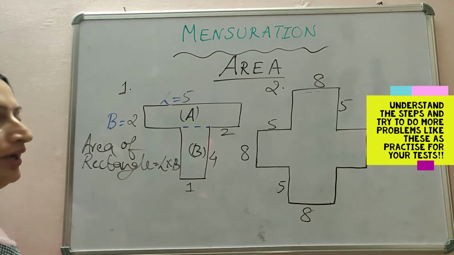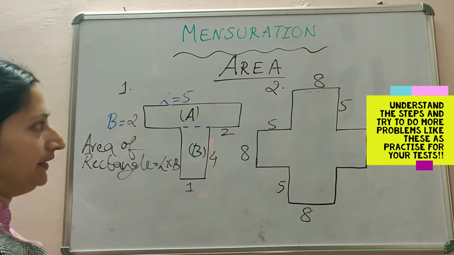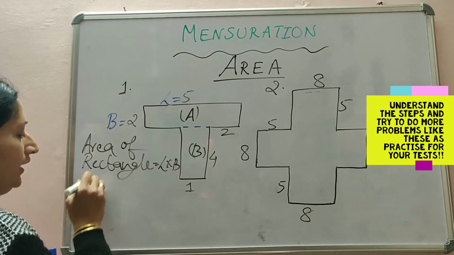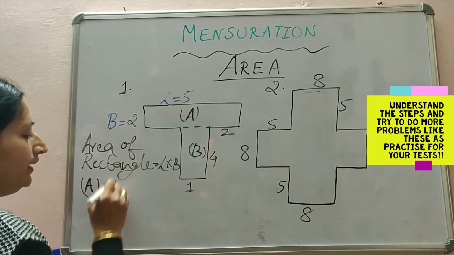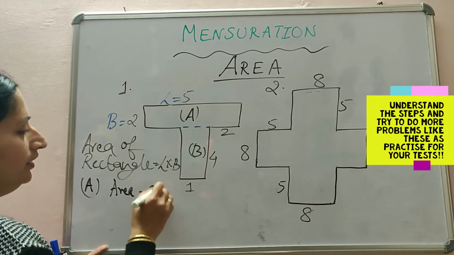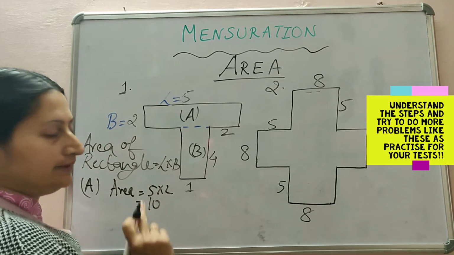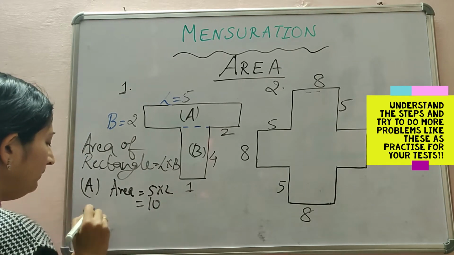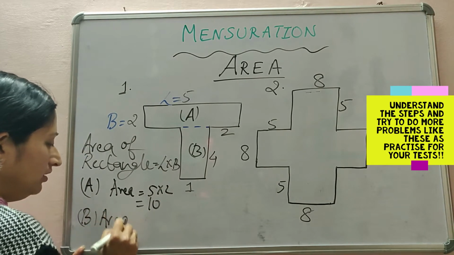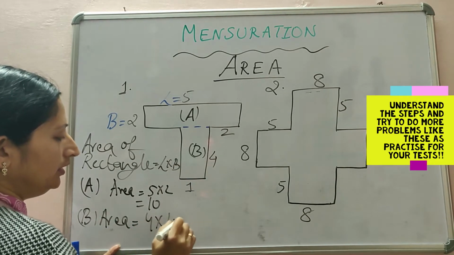If you have not understood, go to the first part of the video and understand it better. So for the A part, the area will be 5 into 2, that is 10, length into breadth. And the area of the B part will be 4 into 1, that is 4 only.